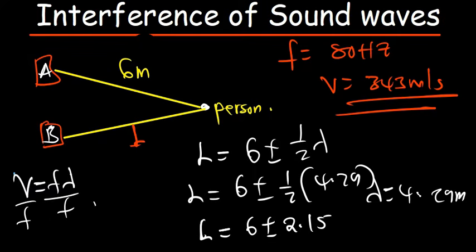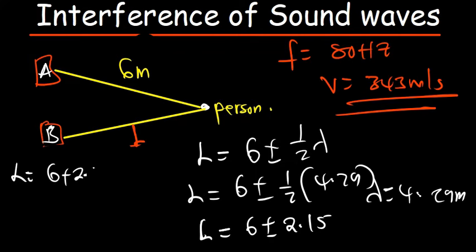Now, the L can be two things. For destructive interference to occur, L can be 6 plus 2.15, or L can be 6 minus 2.15.